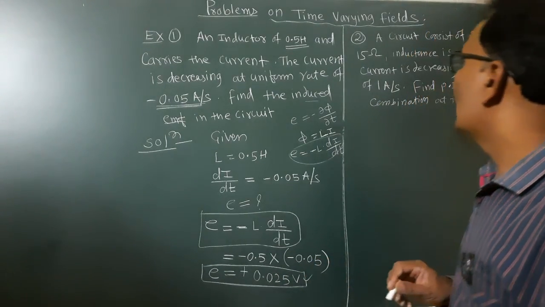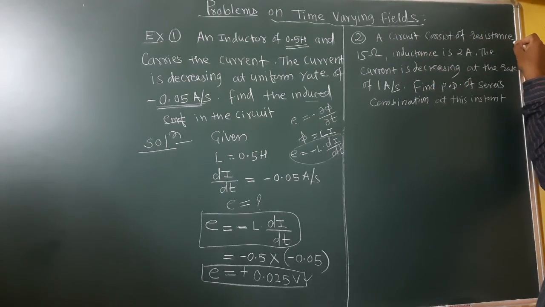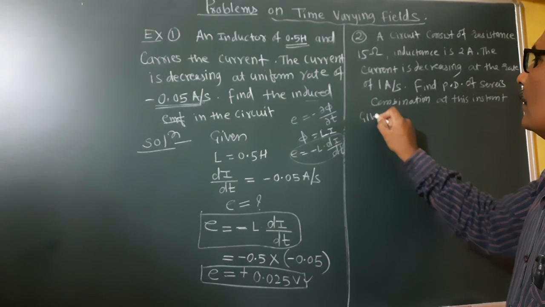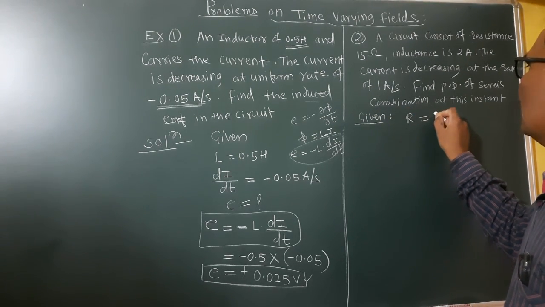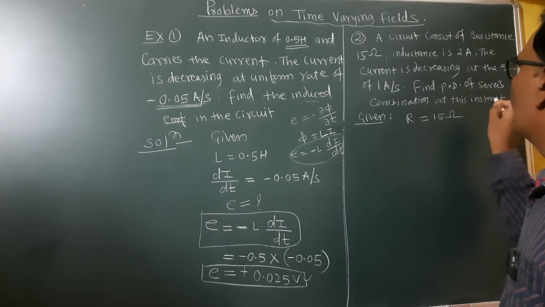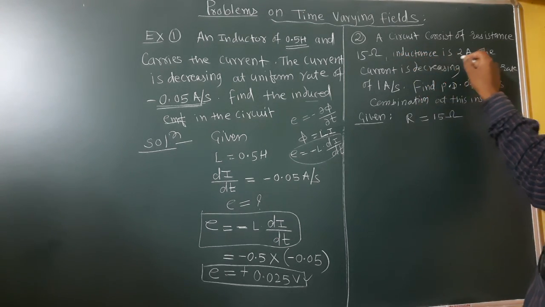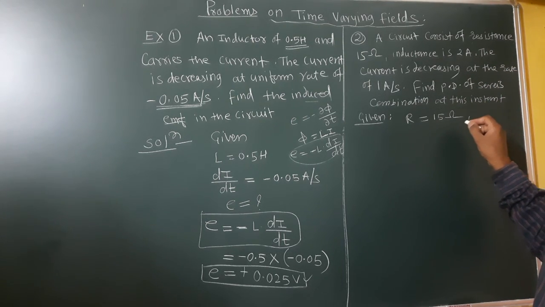Okay, now the second problem. A circuit consists of a resistance R equals 15 ohm and an inductance, with a current I equals 2 ampere flowing through the circuit.